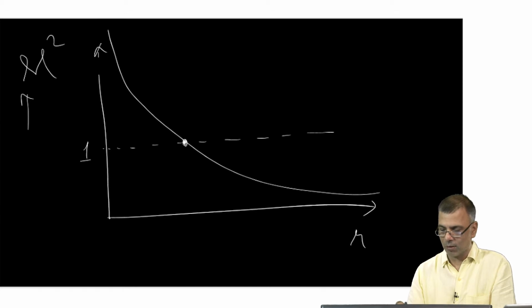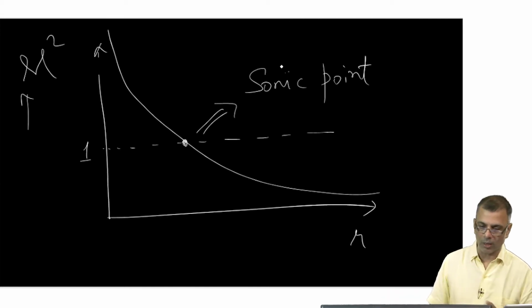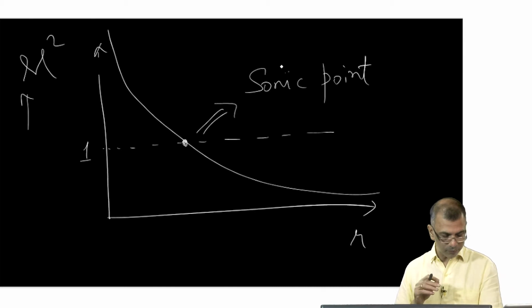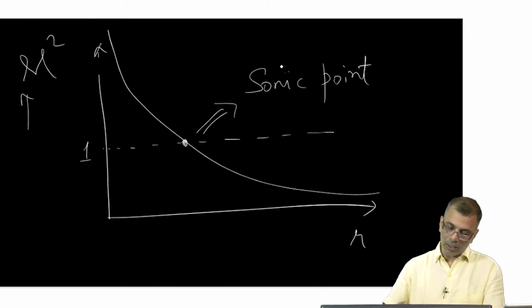So this again would be the sonic point, or as we have said, not quite the sonic point, but a sonic surface in case of spherical symmetry. So this is the situation we are considering. Not this kind of curve, but this kind of curve.